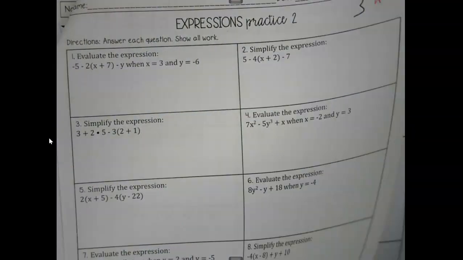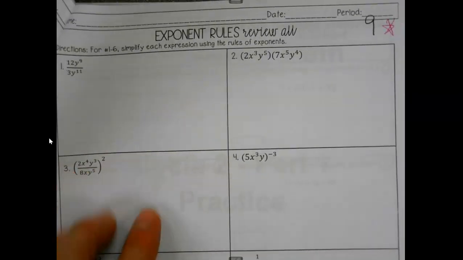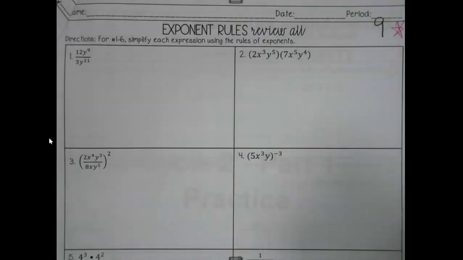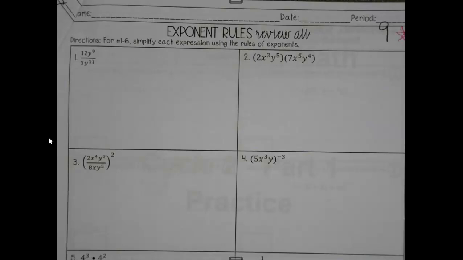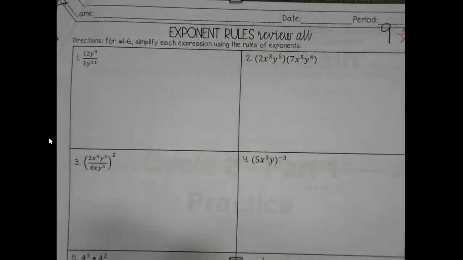Hang on, I got to fast forward here. I'm getting there. I'm slow sometimes. Okay, page 9 lets us play with the exponent rules again. This is the page where you're skipping number 7 and number 8 because we have not played with exponential and radical form yet. That's a cycle 3 issue.